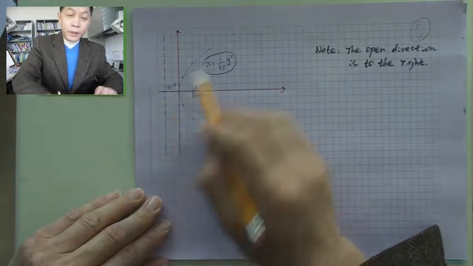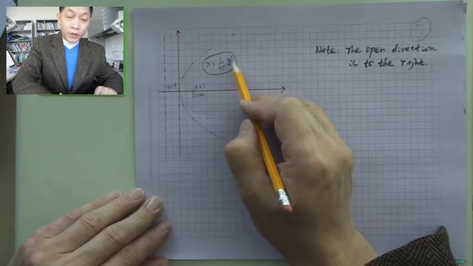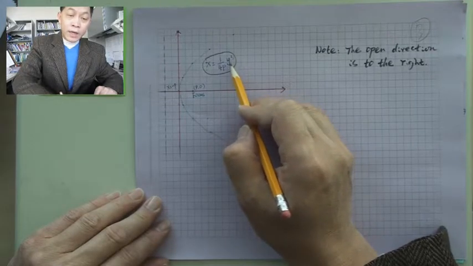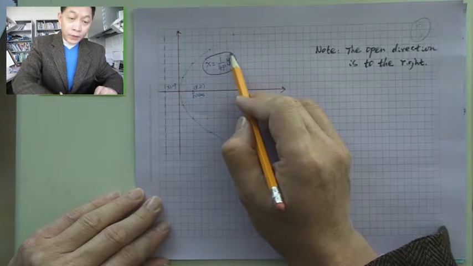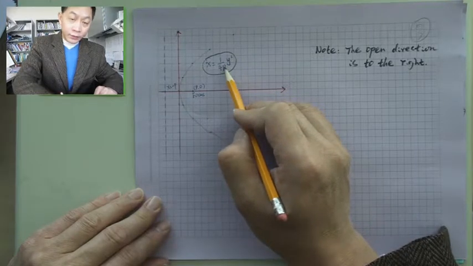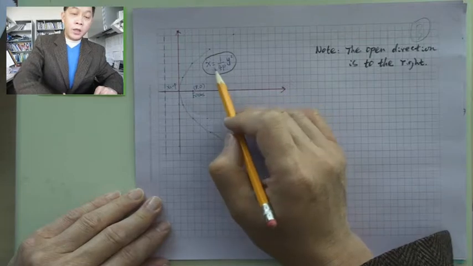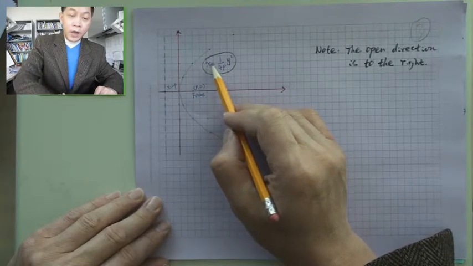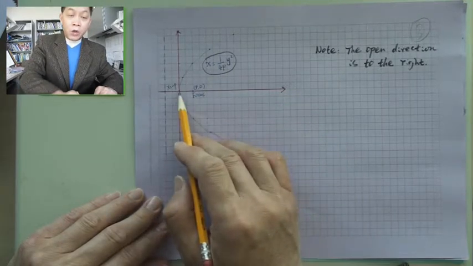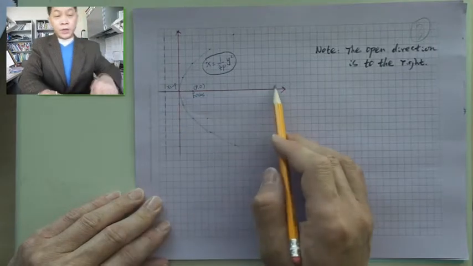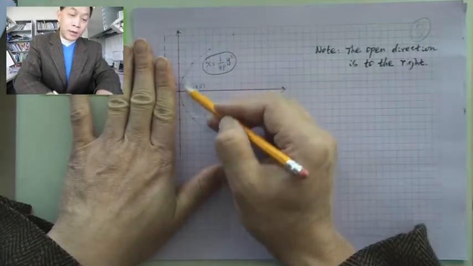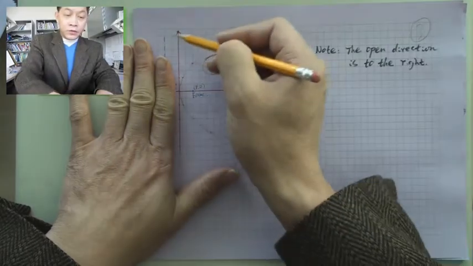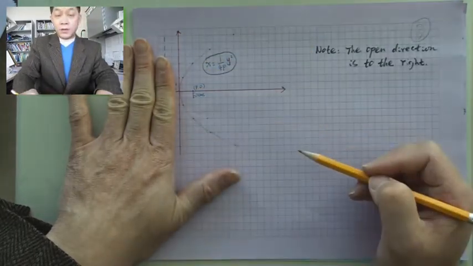And in this case, y squared, whatever you put down here, you always get positive. p is positive, so x has to be positive. x positive means all the points are on the right. So that's why the parabola is on the right hand side of the y-axis.